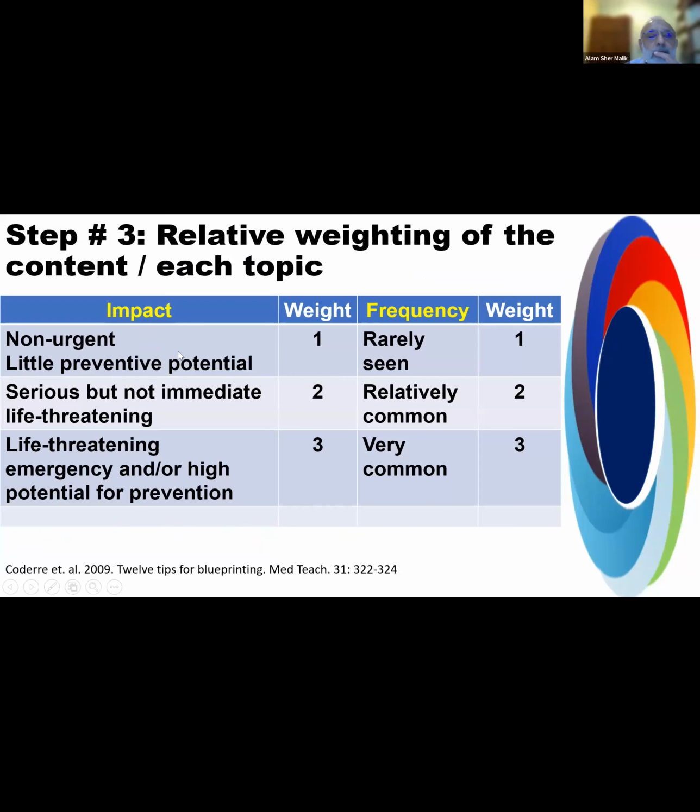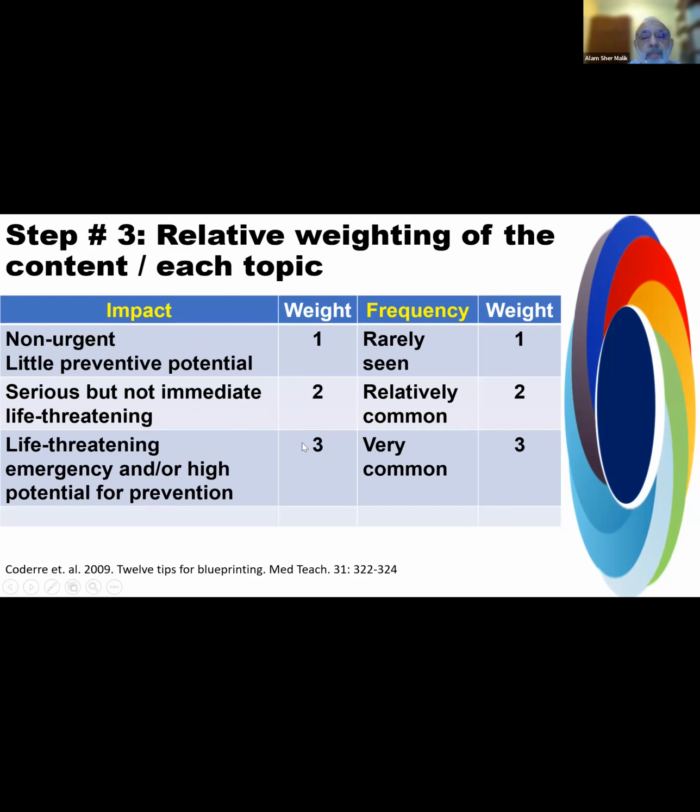Impact: if a situation is non-urgent and of little preventive potential, the weight is 1. If it is serious but not immediately life-threatening, it is 2. If it is life-threatening, an emergency, or has high potential for prevention, it is 3.